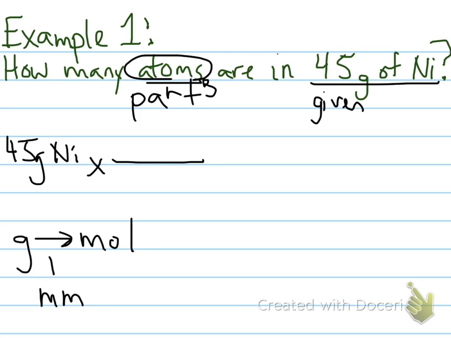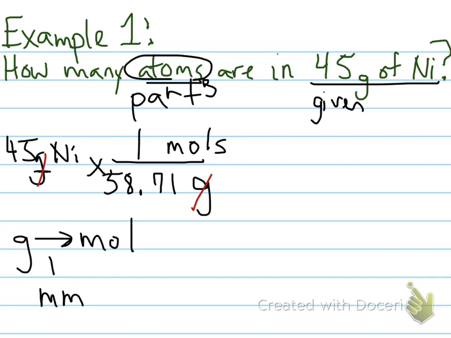That means there are 58.71 grams of nickel in 1 mole. I'm starting with grams, so I want my grams to cancel, so grams is going to go on the bottom, and I'm converting it into moles. So in 1 mole, there is 58.71 grams of nickel. Now my grams cancel out, and I am left with moles.